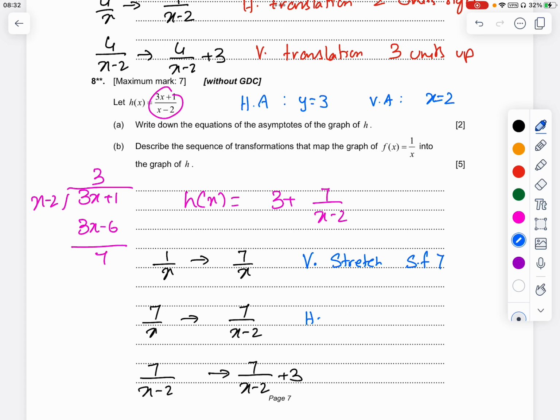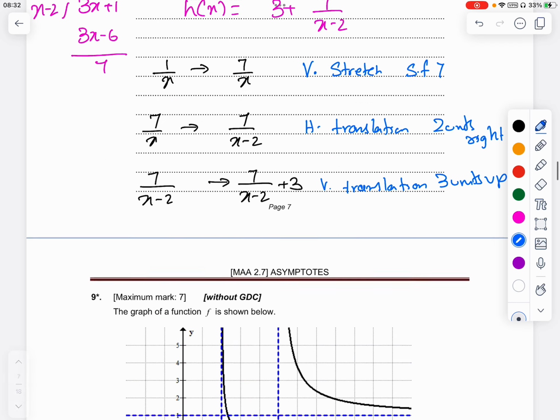Then this is horizontal translation 2 units right. And this is vertical translation 3 units up. This is going to be the answer.